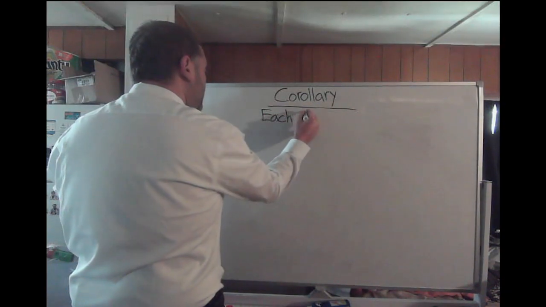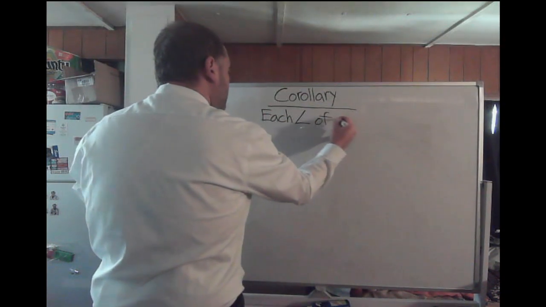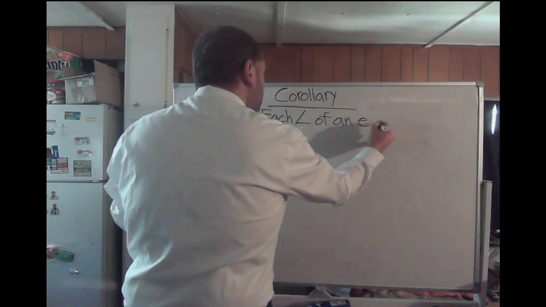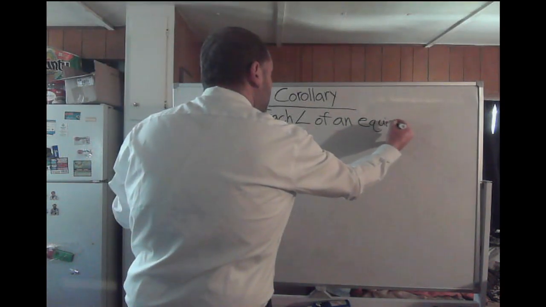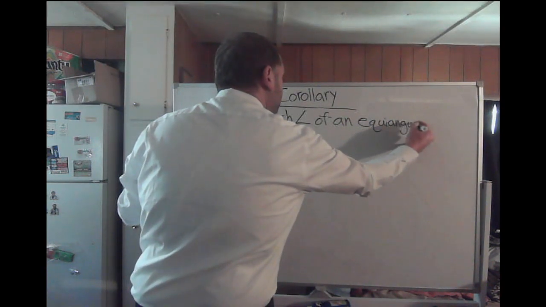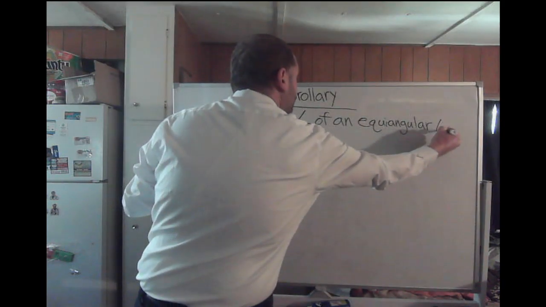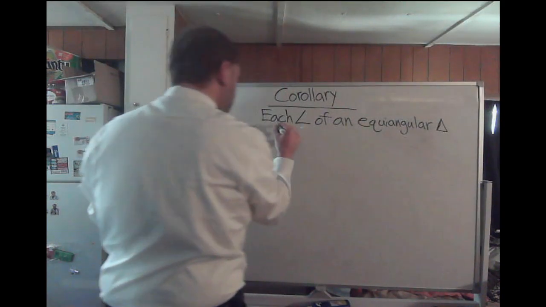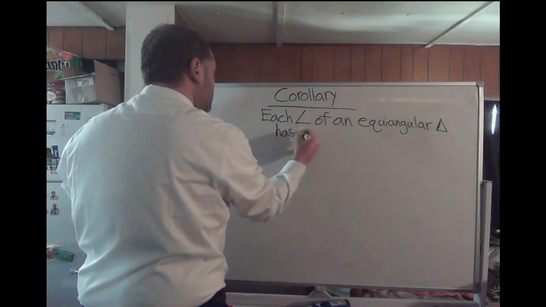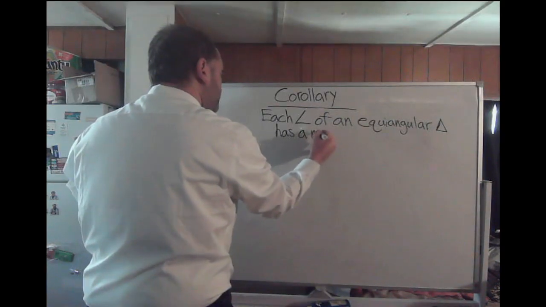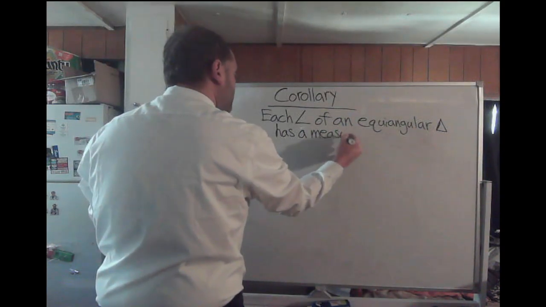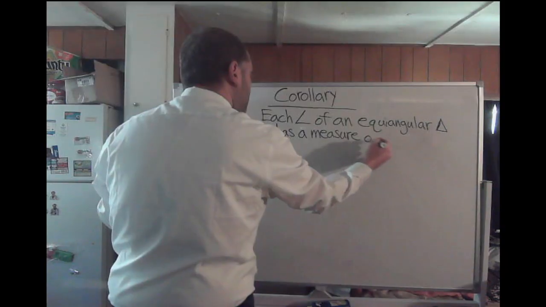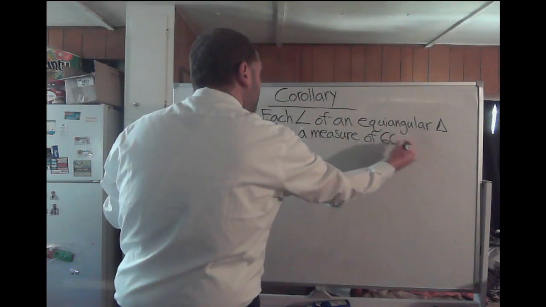Each angle of an equiangular triangle has a measure of 60 degrees.